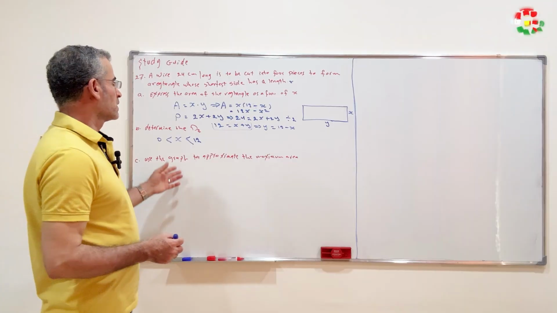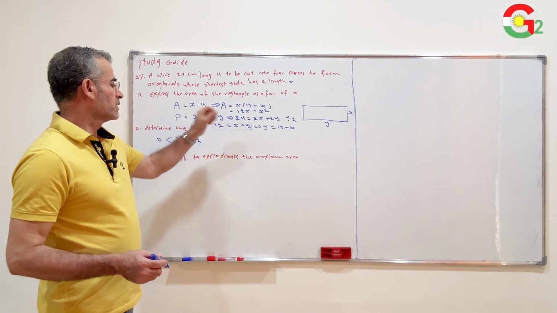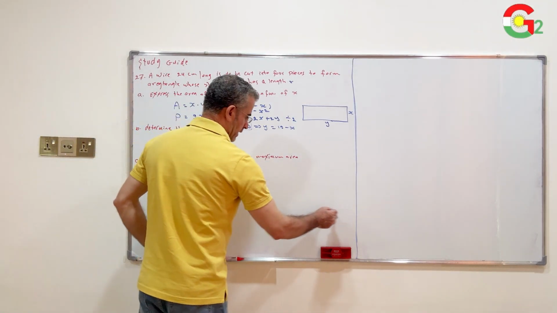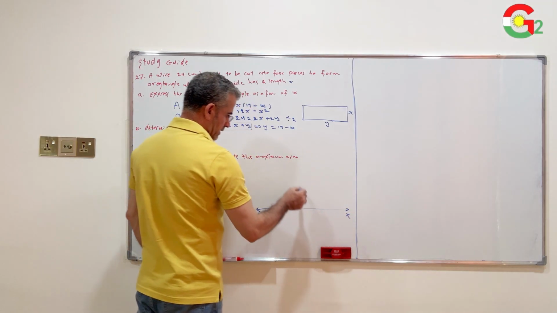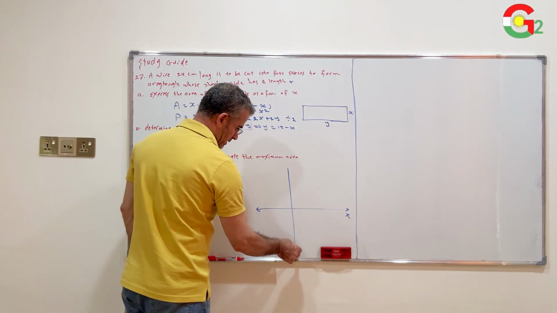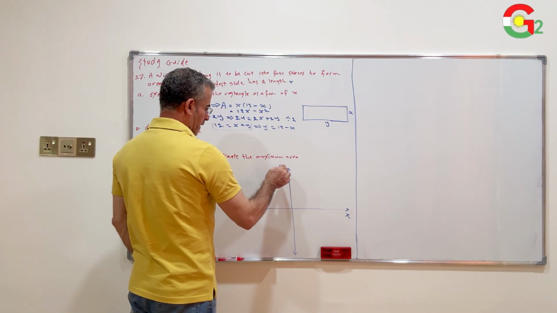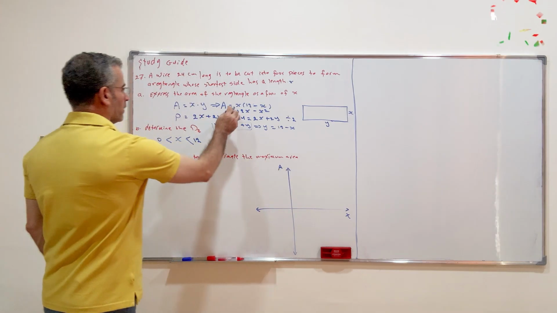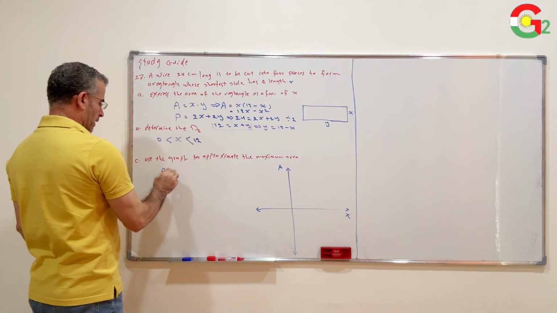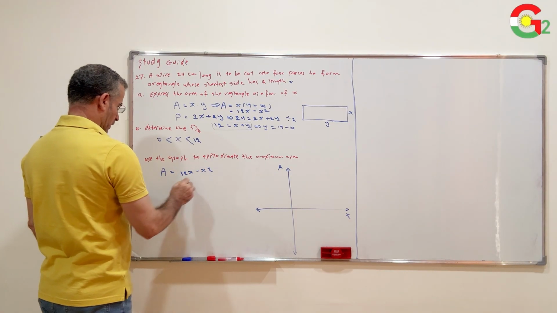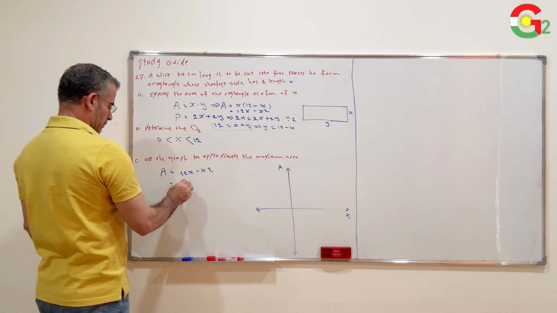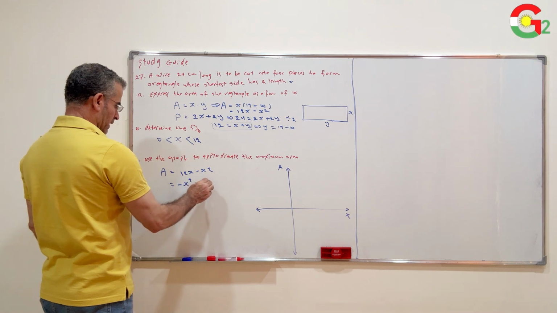If we want to sketch the graph of this function, then I set the horizontal line for the x-axis and the vertical axis for the area. This is the function, area equals 12x minus x square. Rewrite it as negative x square plus 12x.